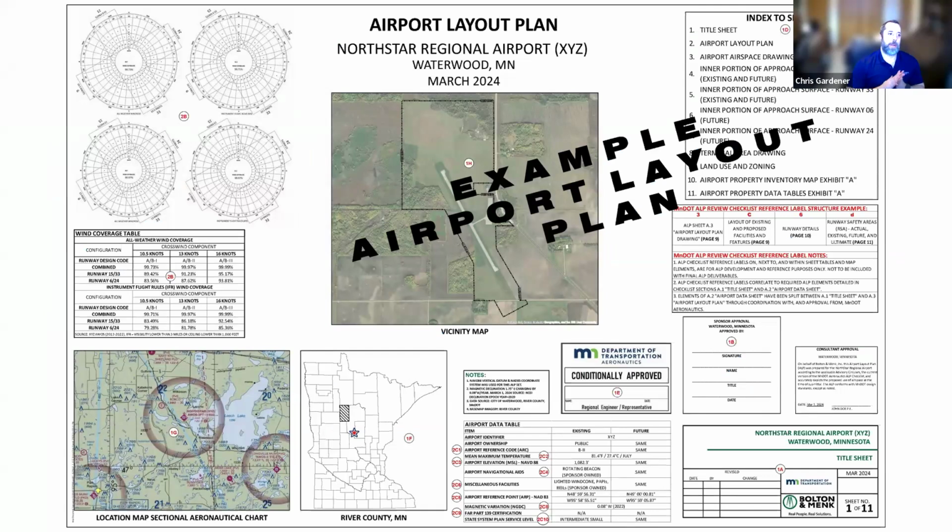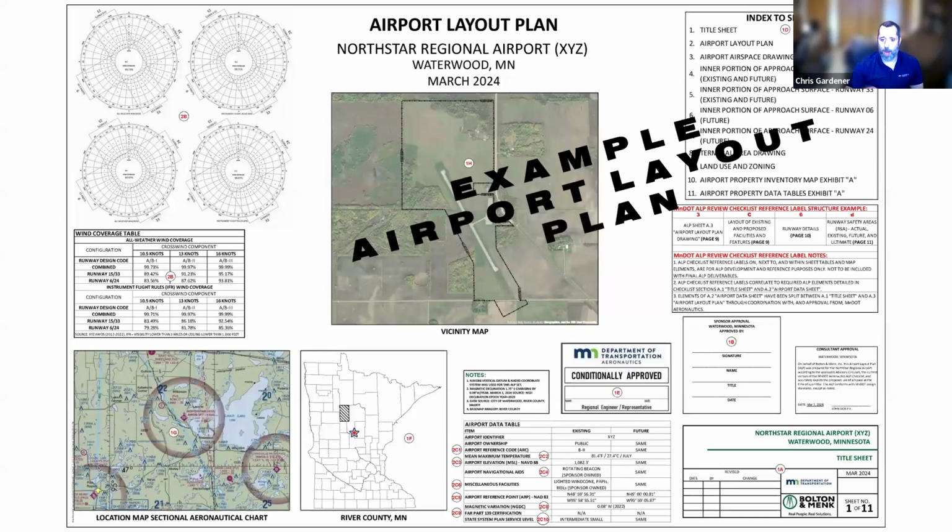A couple of the items that we just talked about for state resources were the example airport layout plan, the guidelines, the checklist, as well as the ALP guidance video that we have. Specifically, here's the sample layout plan that we have developed for the state.